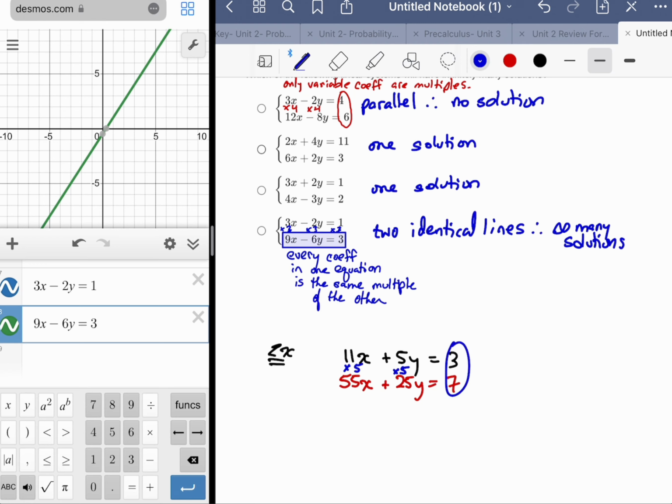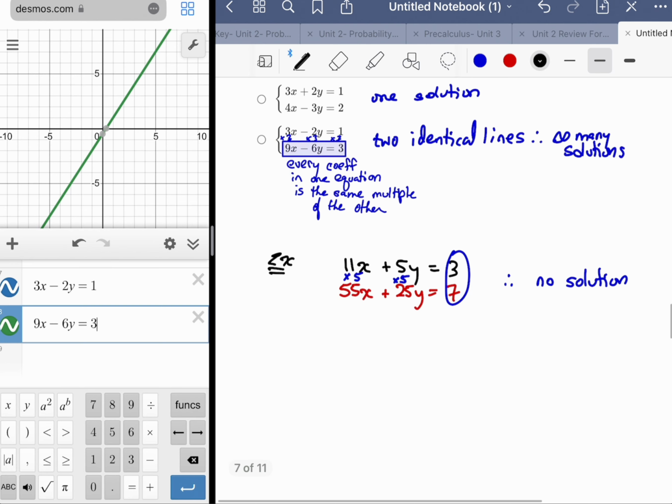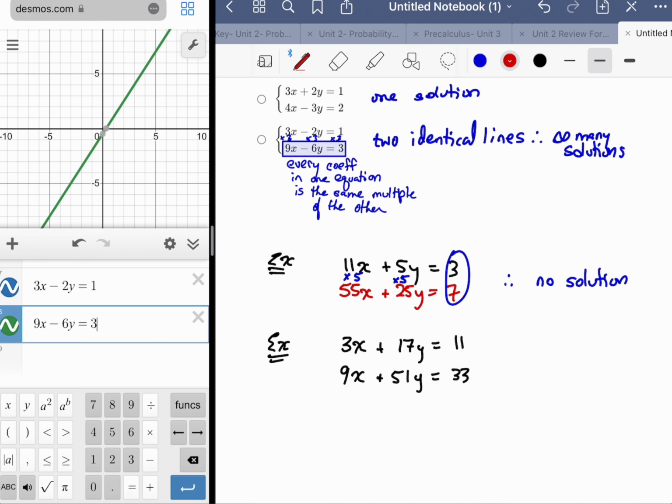This is not multiplied by 5, so this must be no solution. As opposed to, let's say, 3x plus 17y equals 11, and 9x plus 51y is equal to 33. It's multiplied by 3, multiplied by 3, multiplied by 3. This one would be infinitely many solutions.